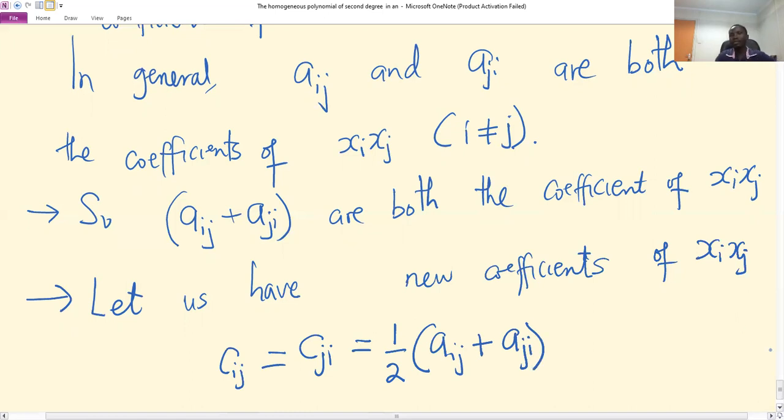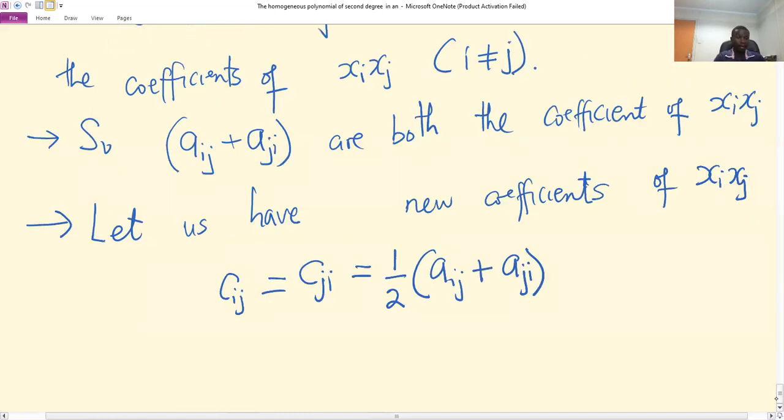Let's simply take the average of these two values, aij and aji.